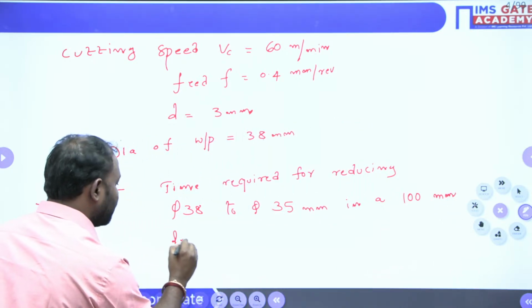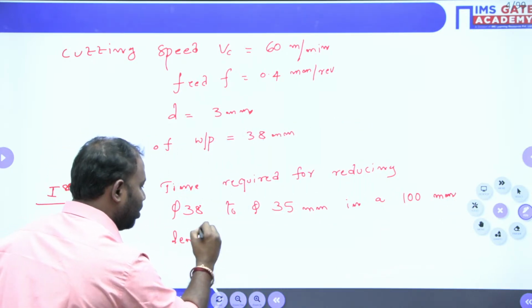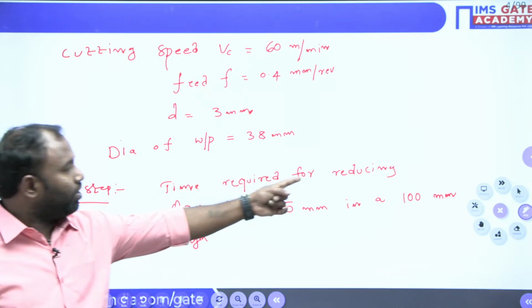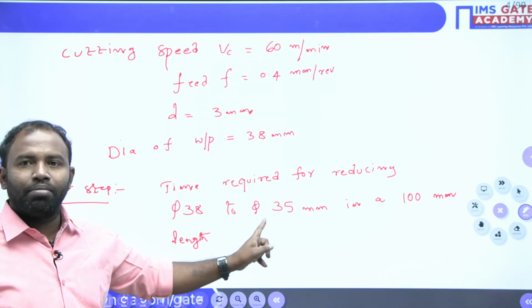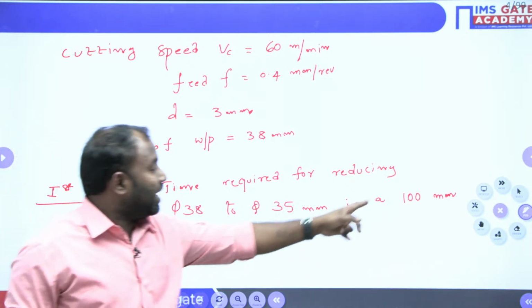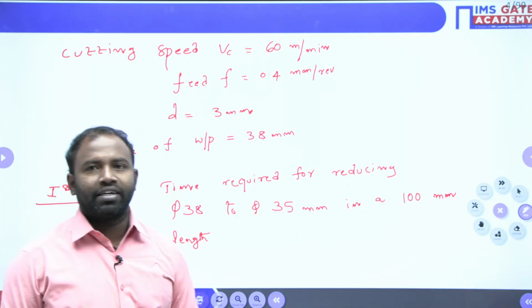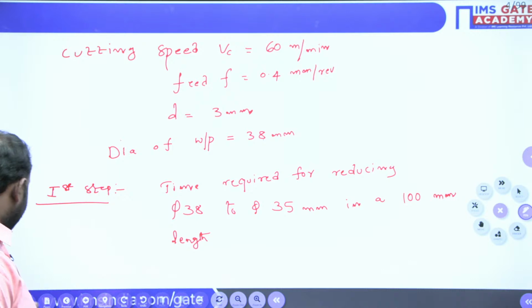This is what I am going to do. Alright guys, okay. Time required for reducing the diameter 38 mm to 35 mm in a 100 mm length I am going to find. Clear everybody? Right. Now let us take that.